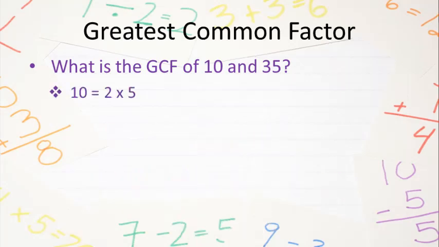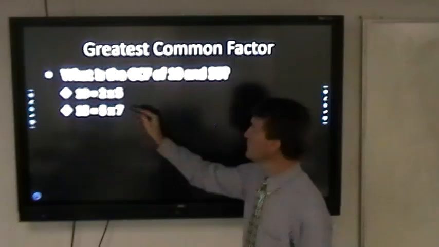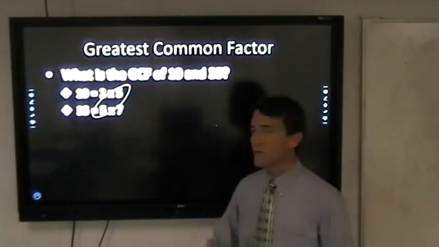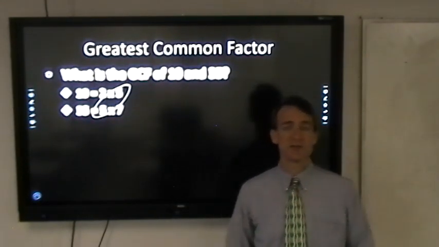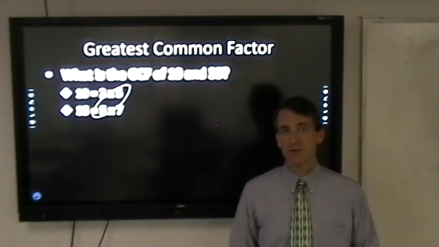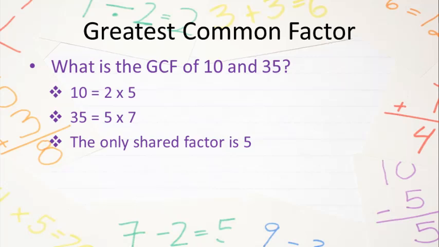So if I prime factor 10, I get factors of 2 and 5. If I prime factor 35, I get prime factors of 5 and 7. So what is the only one that is common? The only common factor there that I have listed is the 5. So my greatest common factor between 10 and 35 is 5.